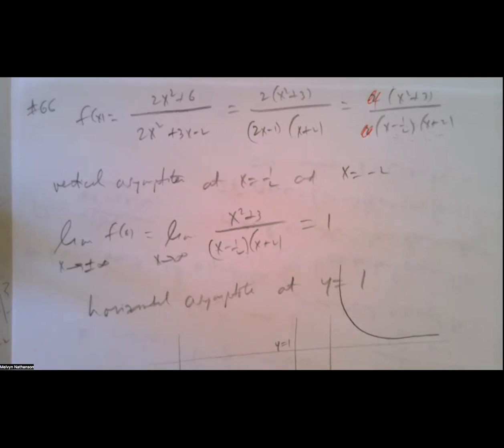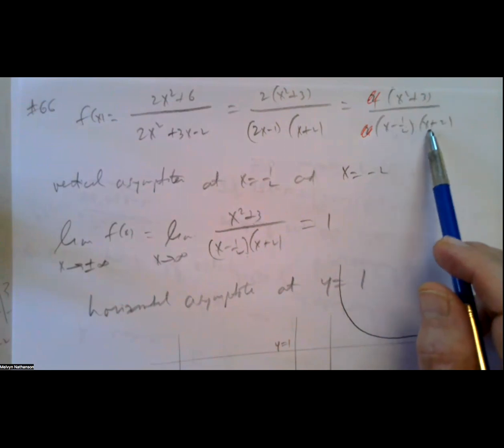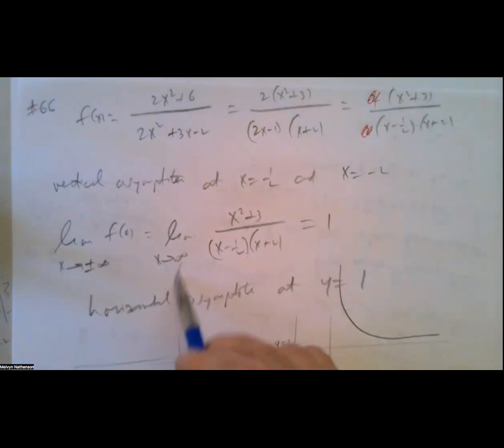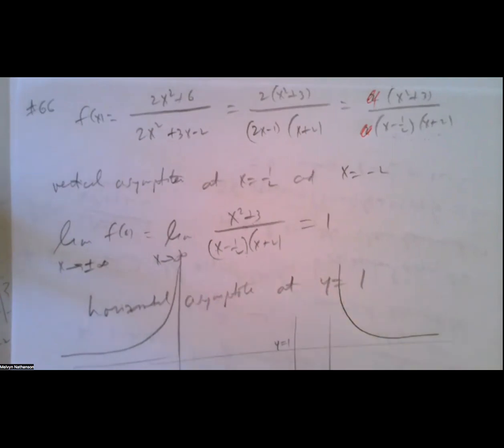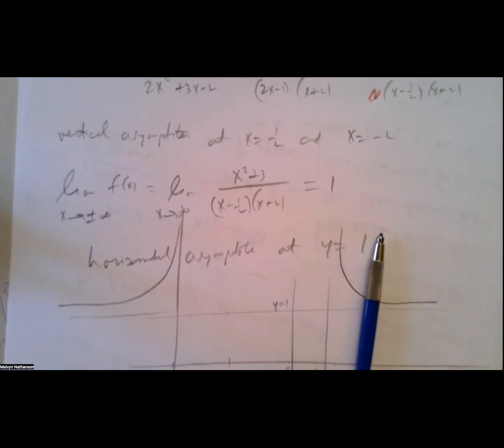And when x is less than negative 2, this is negative times negative, which is positive. We have something which looks like this. So if you actually use Maple or whatever program you're using in your calculus lab to graph this function, you'll see vertical asymptotes at a half and negative 2, a horizontal asymptote at 1, and the graph of the function looks something like that.